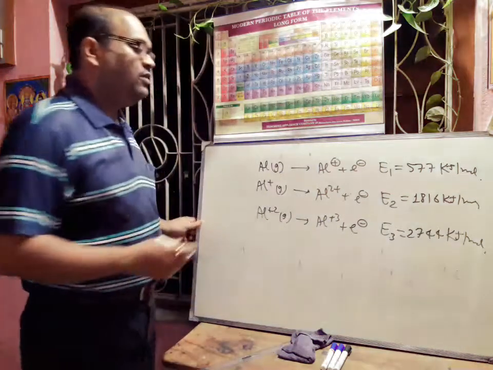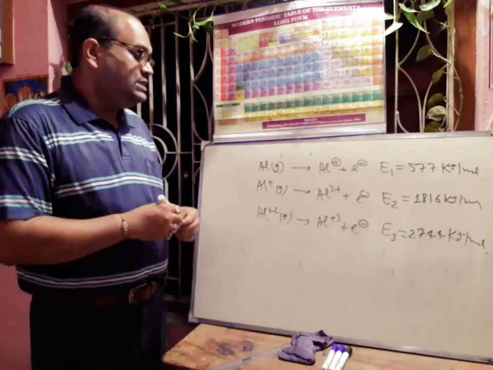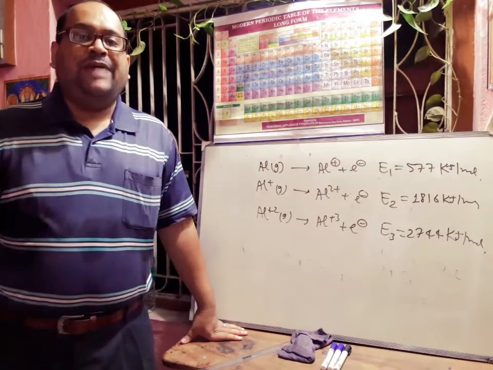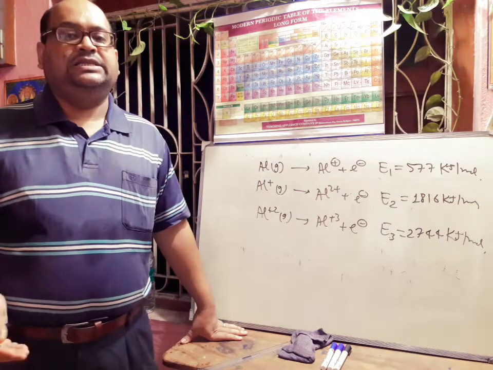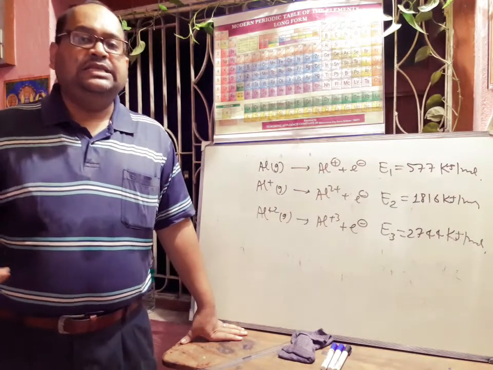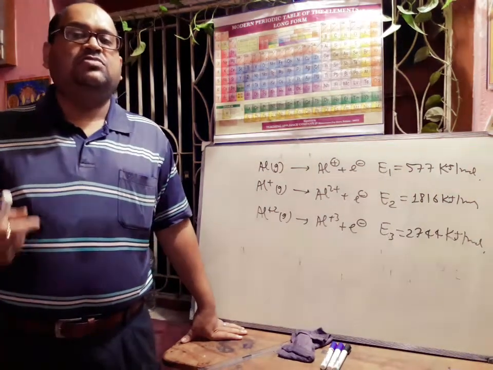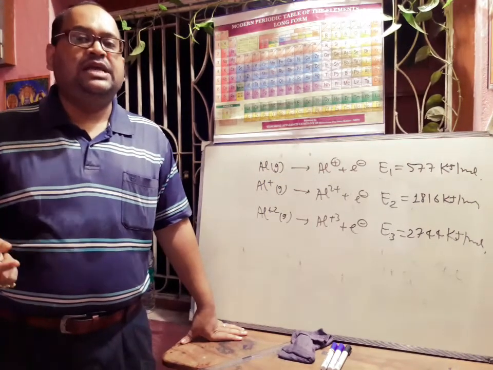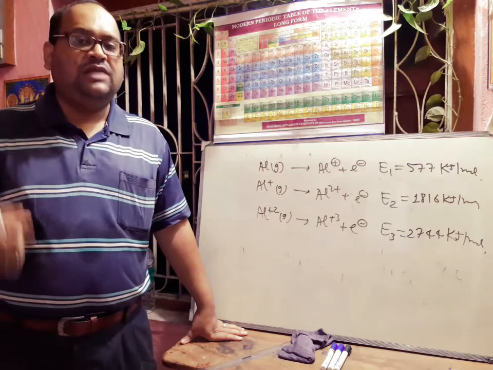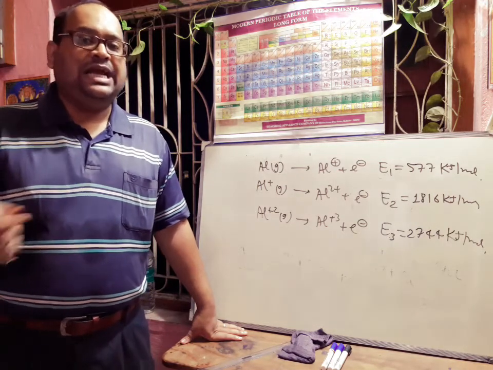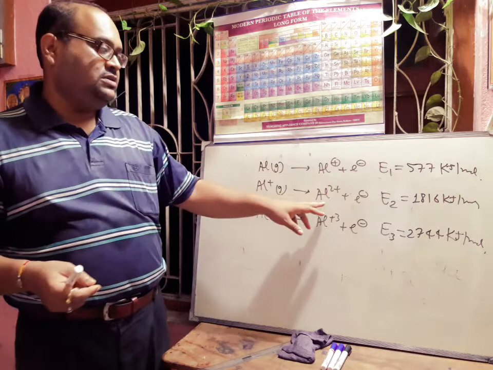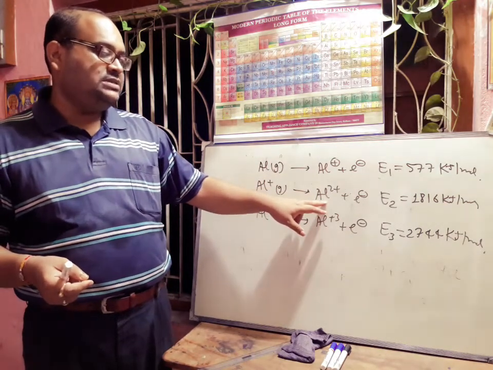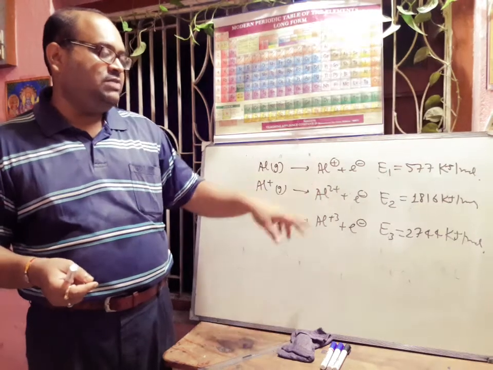And removing the fourth electron from this Al3+ is impossible, because a high amount of energy is required. So the value of successive enthalpy goes on increasing. This is because after releasing one electron, the atom changes into a monovalent positive ion, which leads to greater attraction force between the nucleus and the remaining electrons. So it is more difficult to remove the second electron compared to the first electron, and now aluminium becomes Al2+, more positive charge is there, more effective nuclear charge is there.